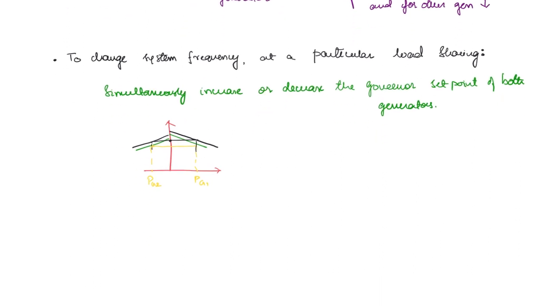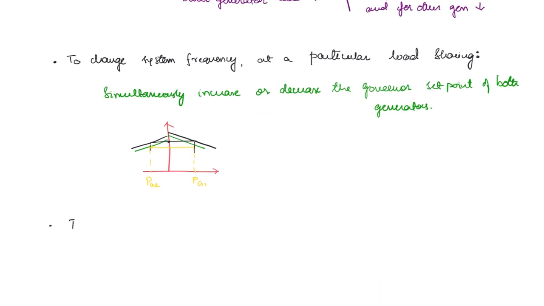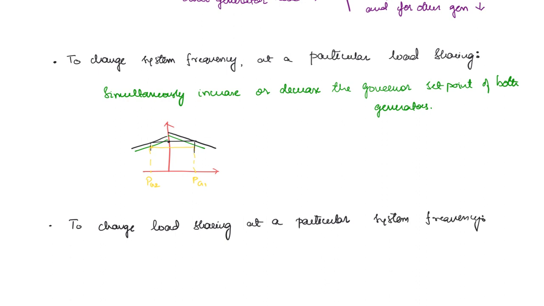Now, if we want to change load sharing at a particular system frequency, say PG1 and PG2 was the initial load sharing. Okay.